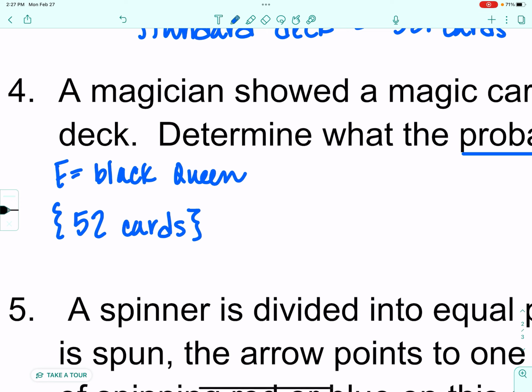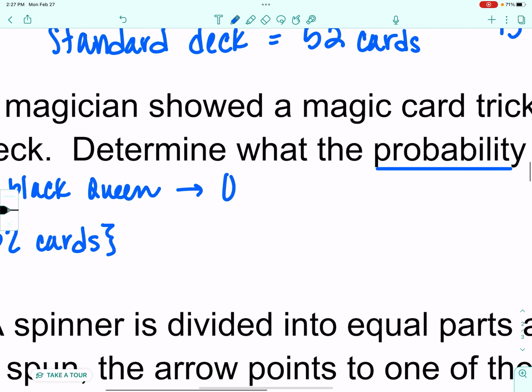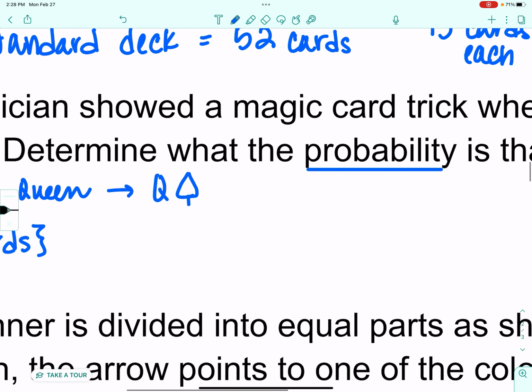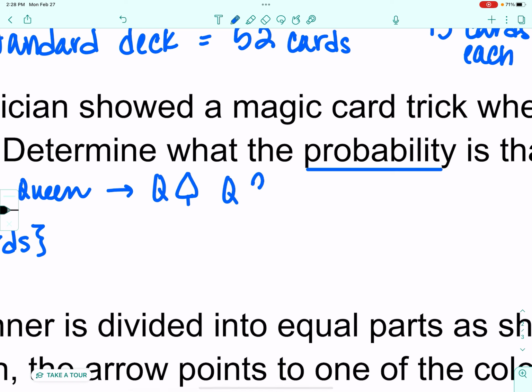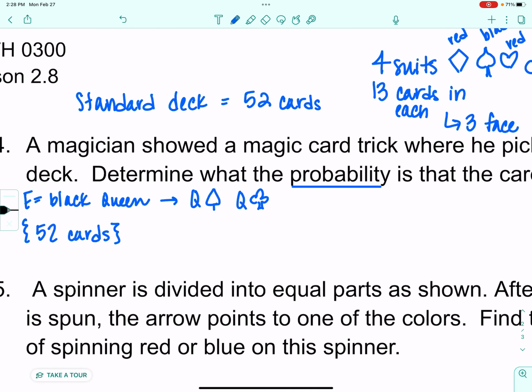Now I need to look at the ways I could get a black queen. Well, I could have a queen of spades. Looks more like a Christmas tree, but that's okay. And I could have a queen of clubs. There's the only 2 black queens in the deck.